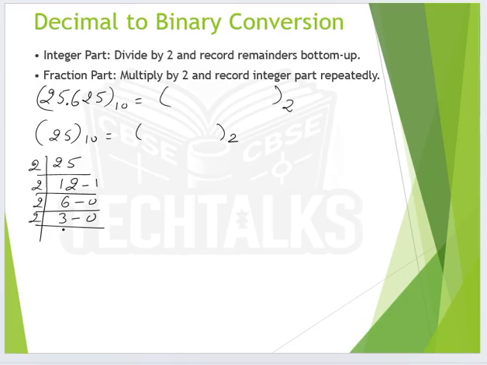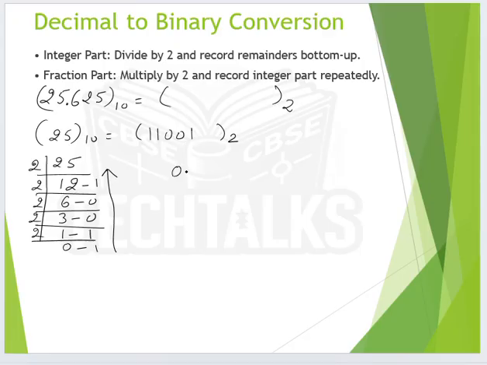Keep dividing till the quotient is 0. When you divide 1 by 2, you get quotient 0 and remainder 1. Then we go from bottom to up. So 25 will be 1, 1, two zeros and 1. This is 25 in decimal, converted into 11001.